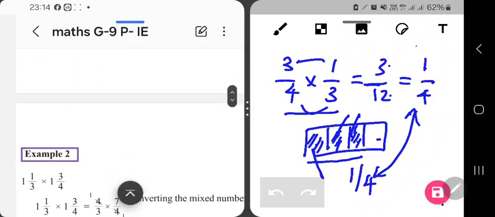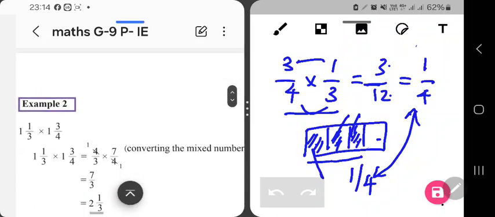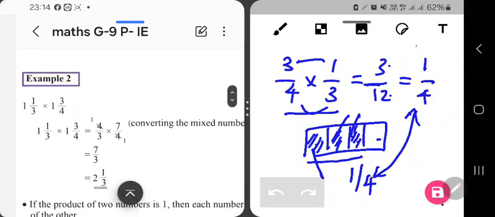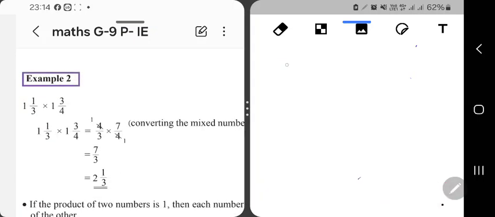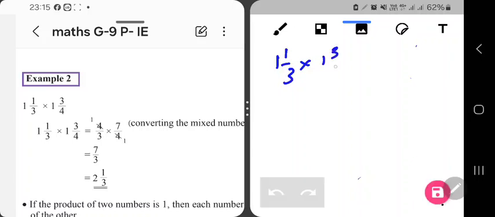Let's find one more example. So let's do one for mixed numbers, as you can see in example 2 on the left. In example 2, you have this number. The way to calculate this is, first of all, you have to convert these mixed numbers into improper fractions. The improper fraction for this part is 3.